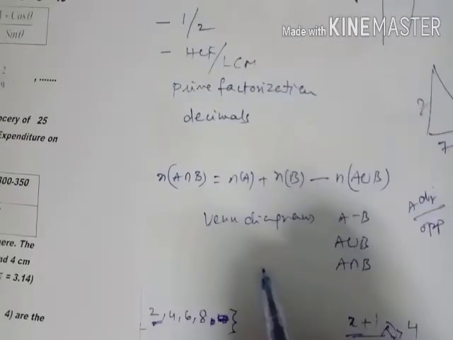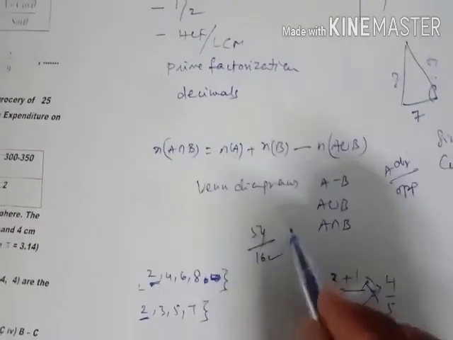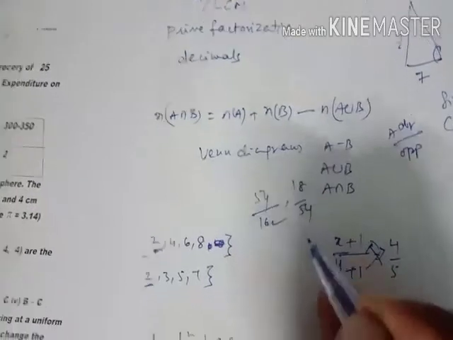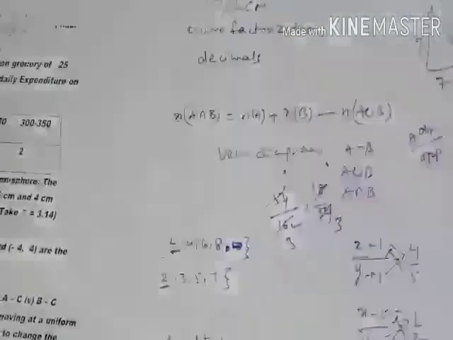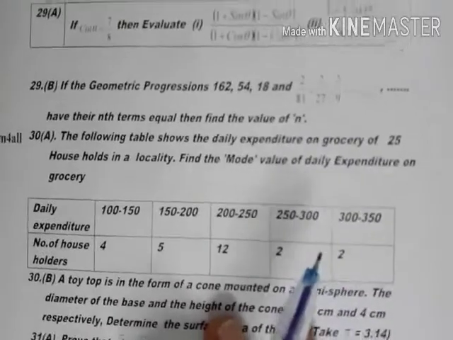In the second question, 162 by 54, 18 by 54, so we'll get 1 by 3, like this. We'll get a series, and then we'll get the answer.